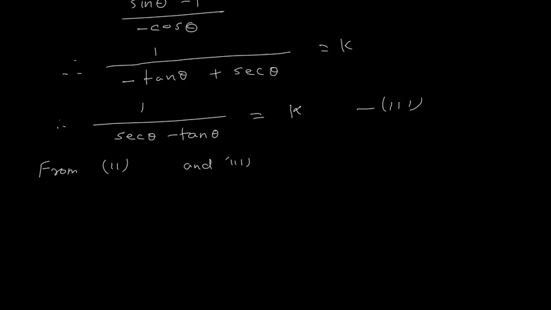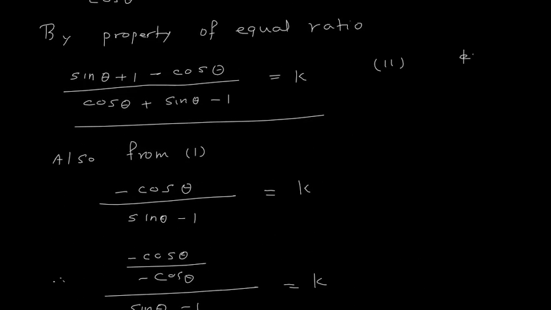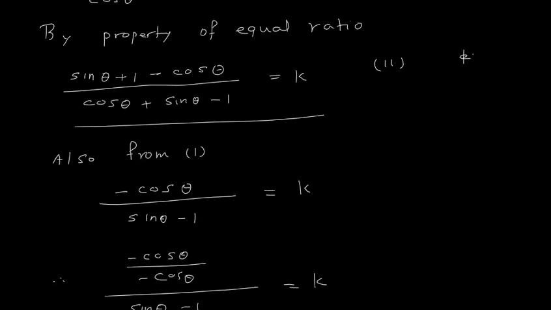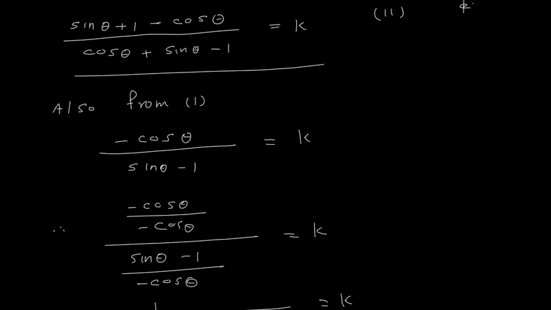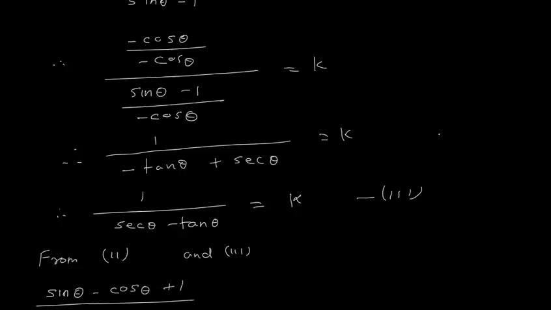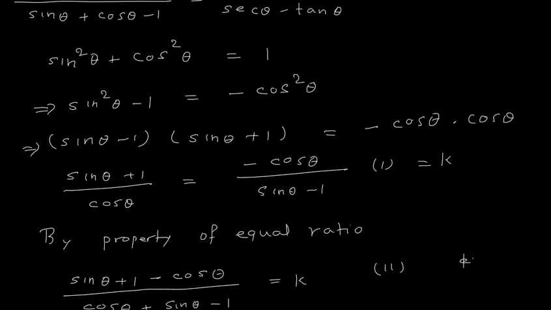Now equation number 2 is sin theta plus 1 minus cos theta. What we have to prove is sin theta minus cos theta plus 1. So in the proper order we will write, from 2 and 3, sin theta minus cos theta plus 1, whole divided by, the denominator term is sin theta plus cos theta minus 1.